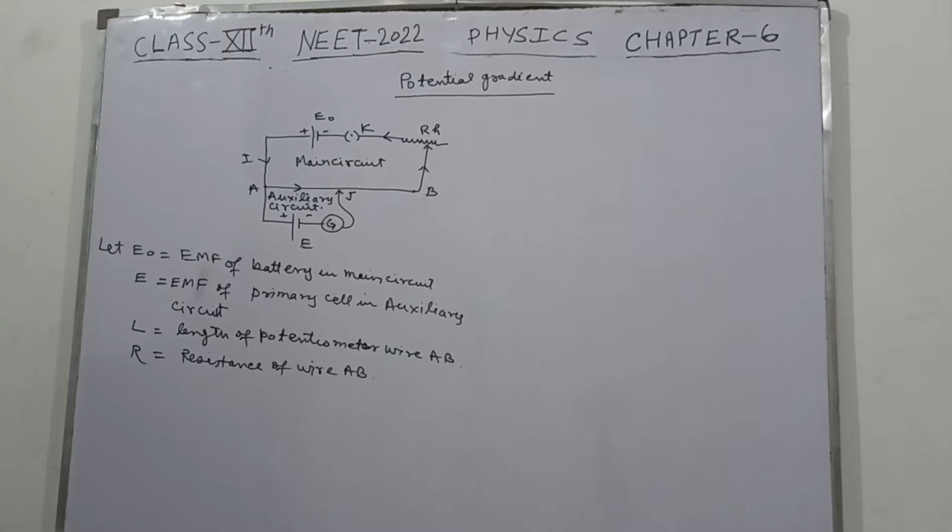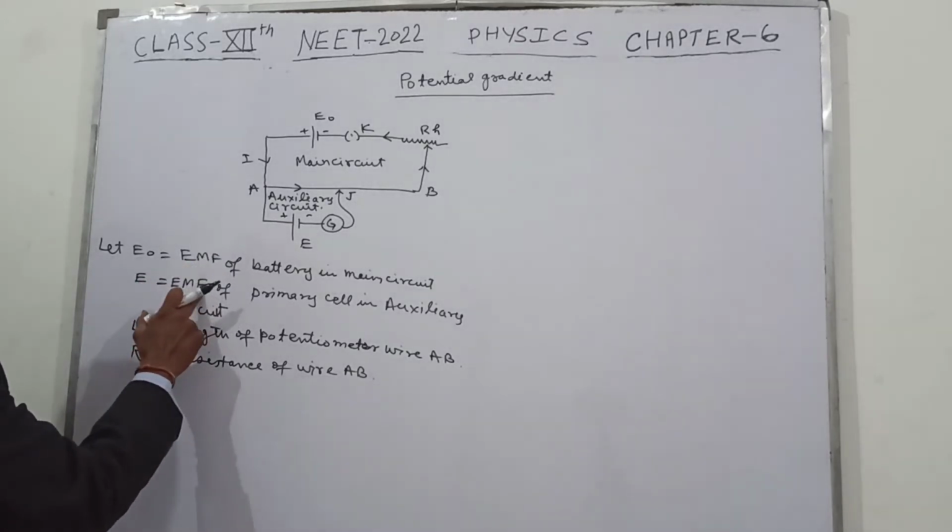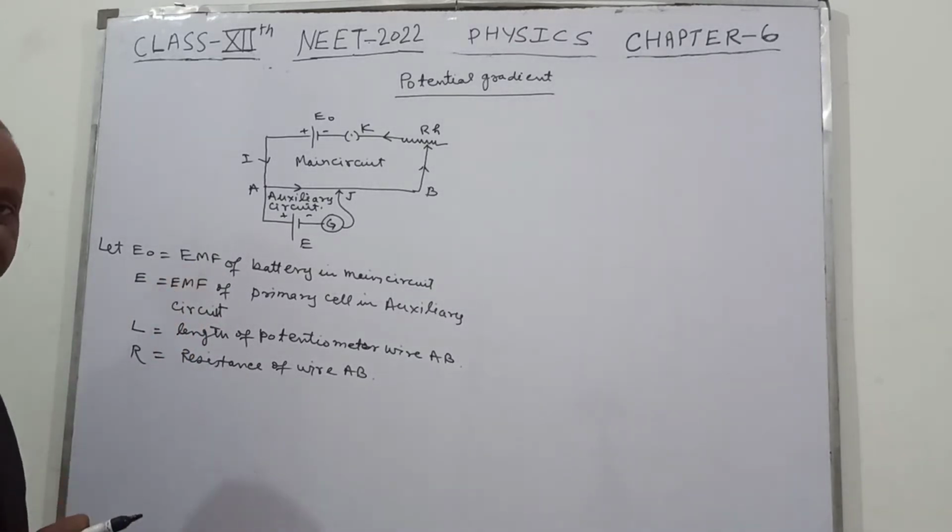Now, as I have told you, the potential drop per unit length of the wire is called the potential gradient.